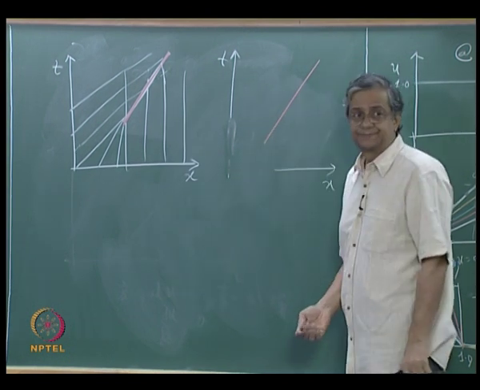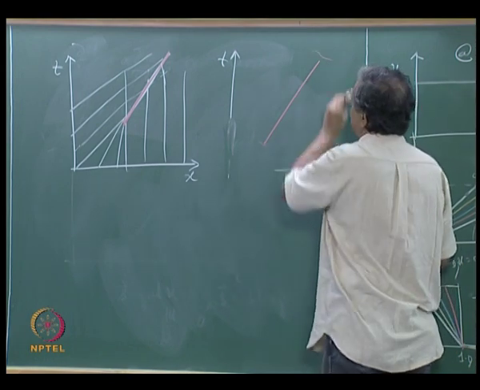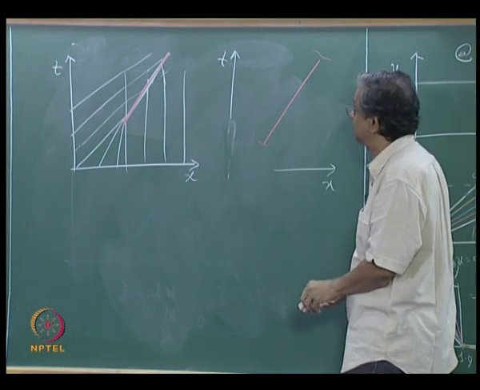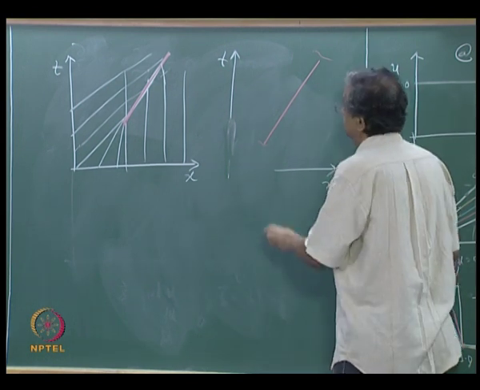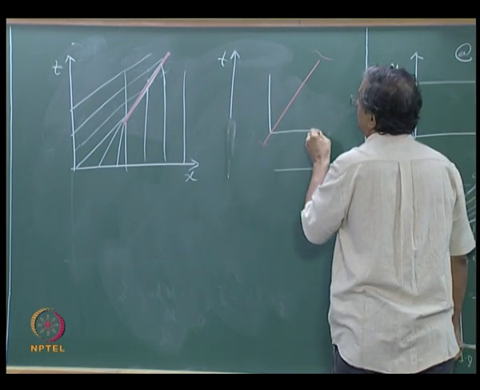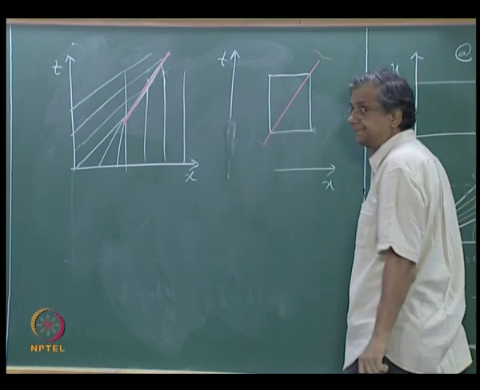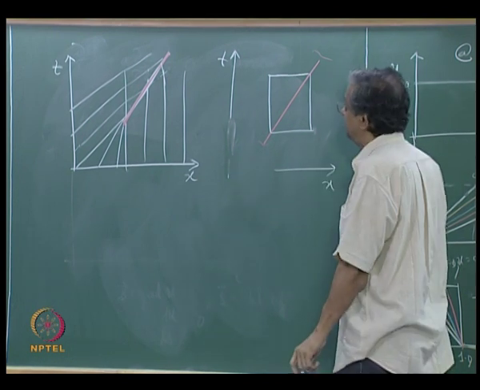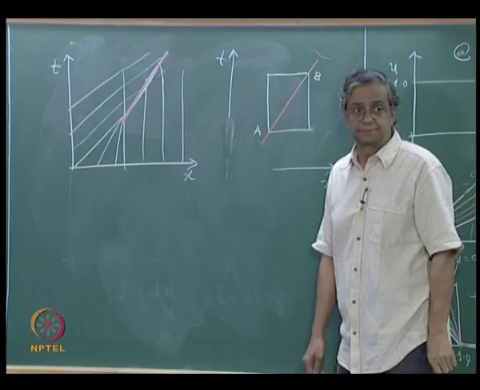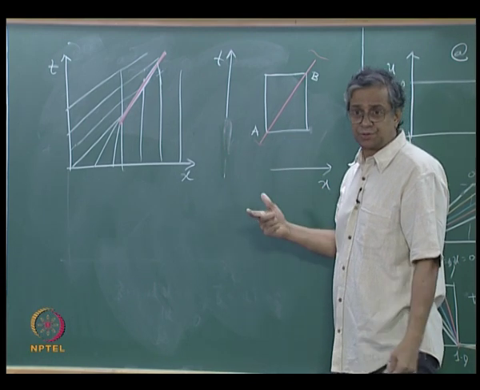There is a shock, and our objective is to find its speed. I do not care where it originates, I do not care where it is going, somewhere here there is a shock, and I will choose a convenient control volume with points A and B. It is going to be a rectangle, I will tell you what I am proposing to do.